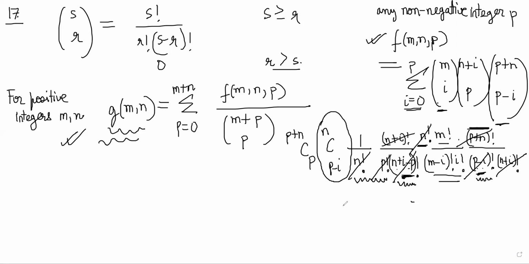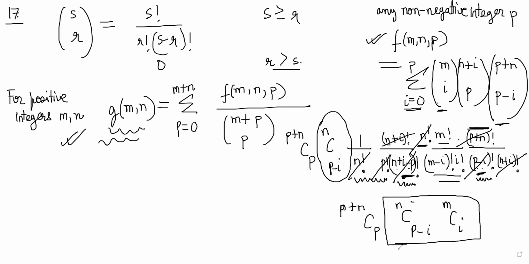The advantage of writing it like this is that at least this doesn't have an I. I have I only in these two, correct? Do you understand what I'm saying? Right now we have rewritten this one as this.